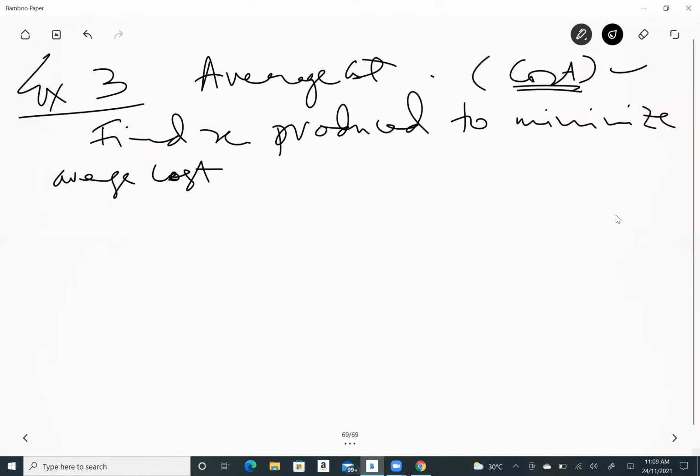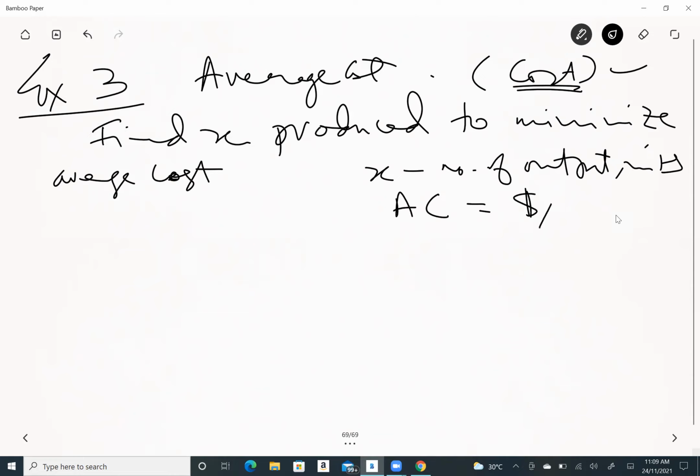And again here, you have x is the number of output or the quantity in units. Now average cost is dollars per unit. Cost, you have dollars only.